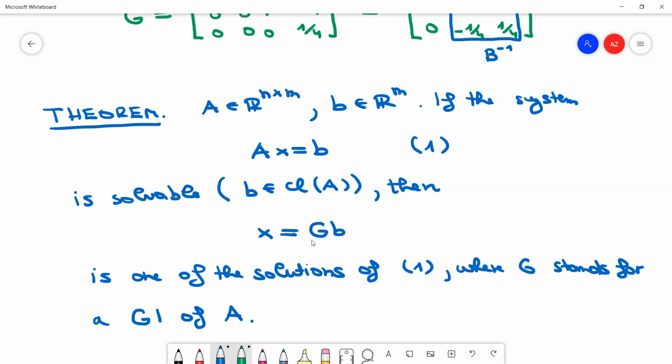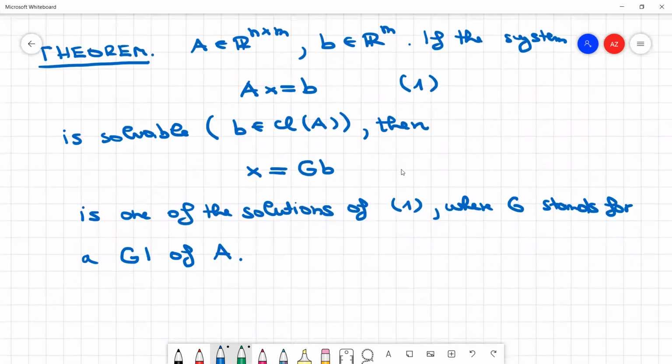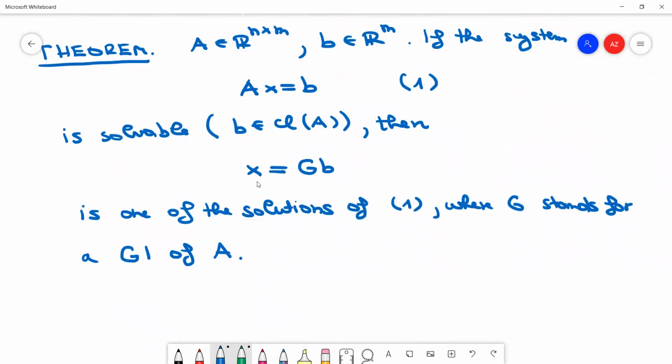So instead of the inverse of A times b, we have to take any generalized inverse G of A times b. But this is only one solution of this system. However, we can describe all solutions of this system.